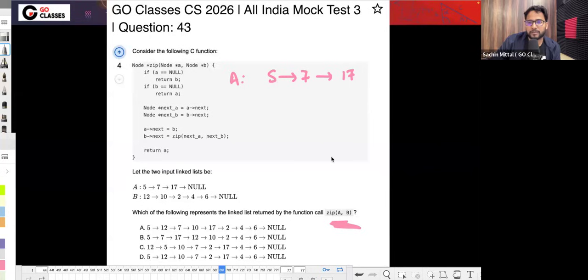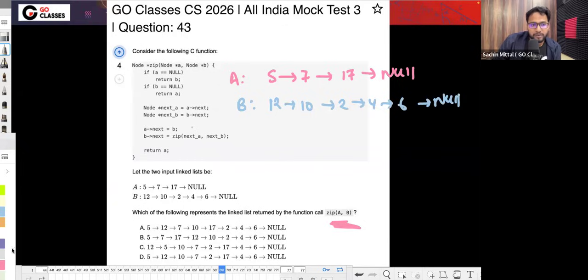Okay, a is this, and b is 12, 10, 2, 4, 6 and null. Okay, now a dot next means this. So basically this is next a and this is next b.